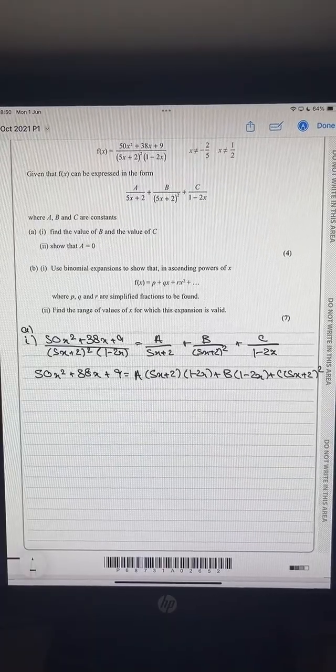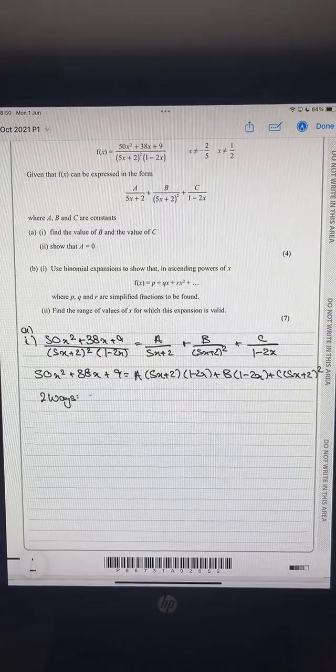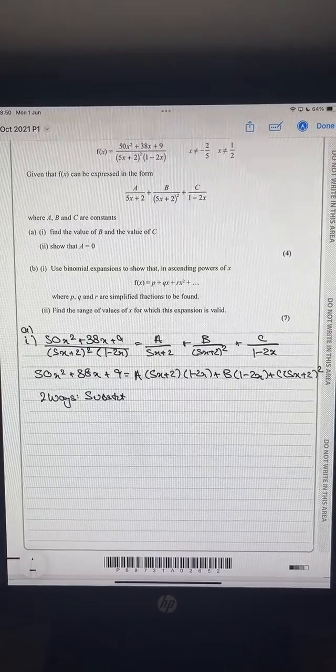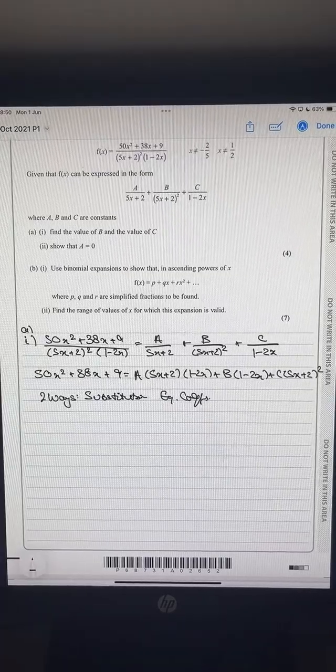So now I've got two ways of finding what A, B, and C are, either by substitution or by equating coefficients.